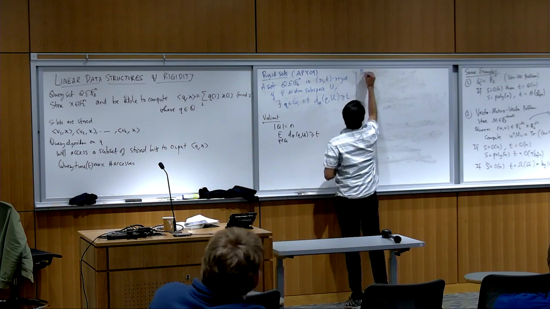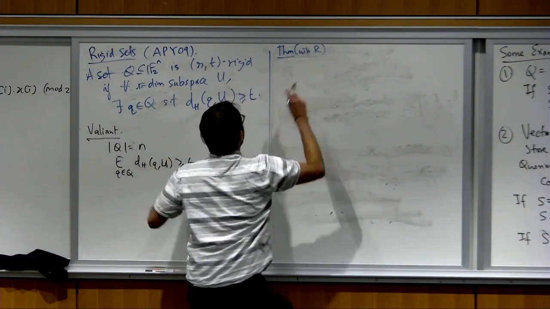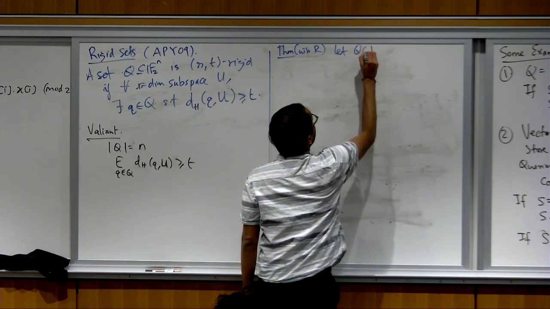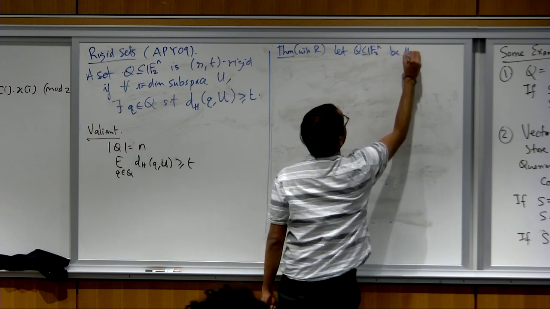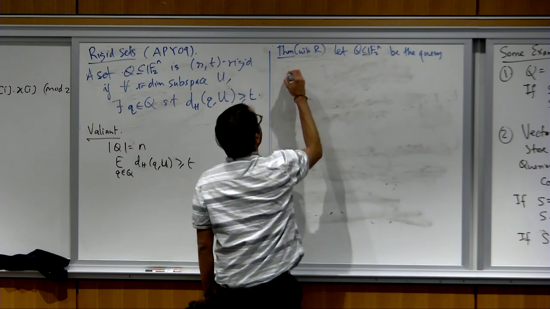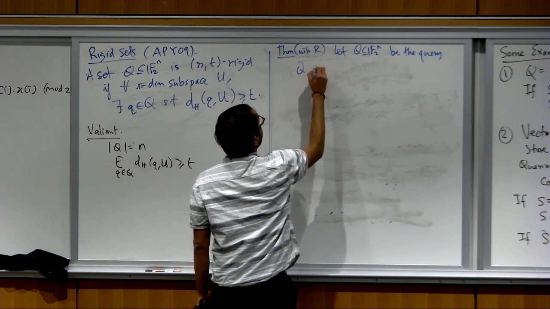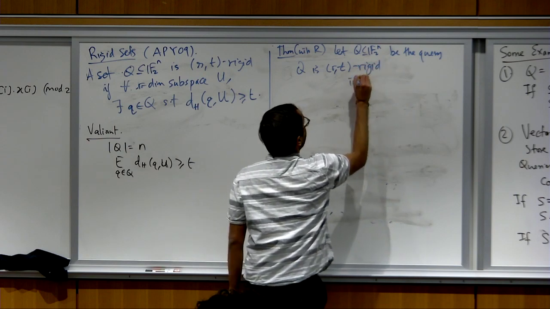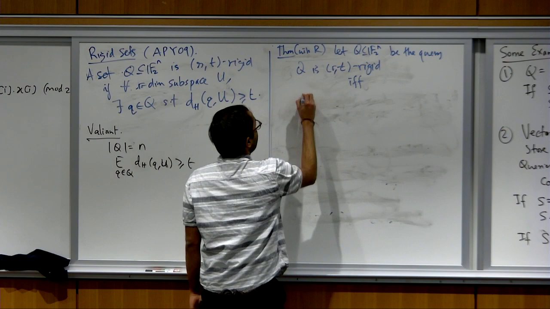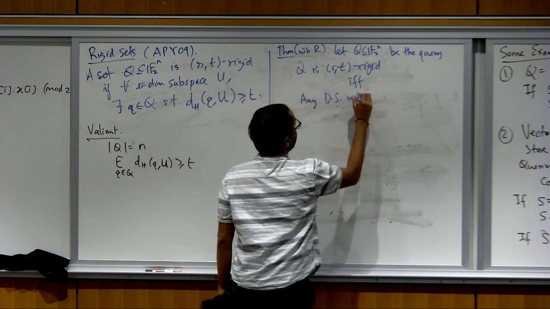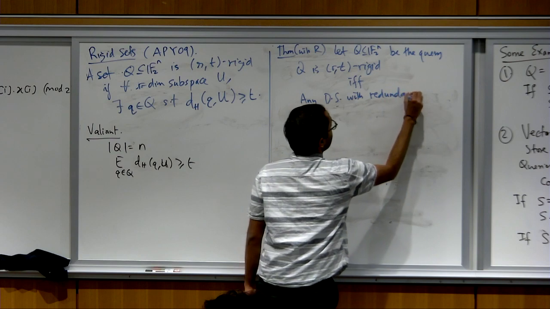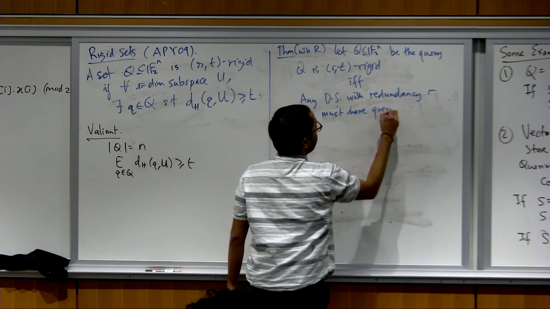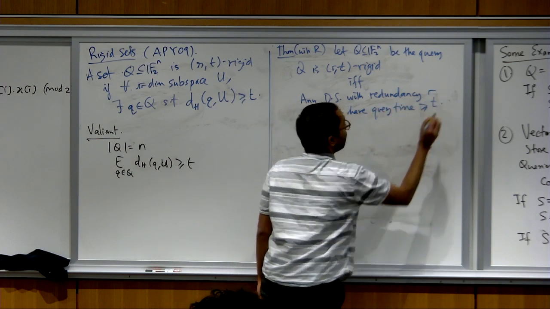This is with Cyrus, and what we showed is: let Q, a subset of F2 to the n, be the query set. Then Q is (r, t) rigid if and only if any data structure with redundancy r must have query time at least t.